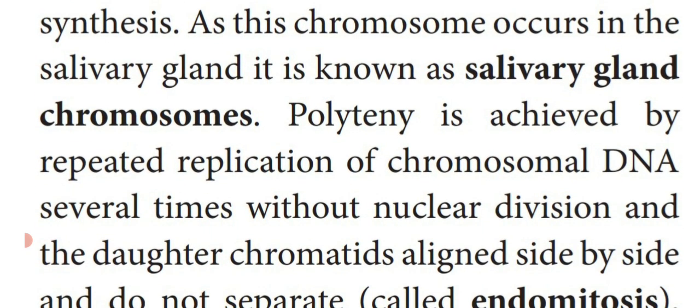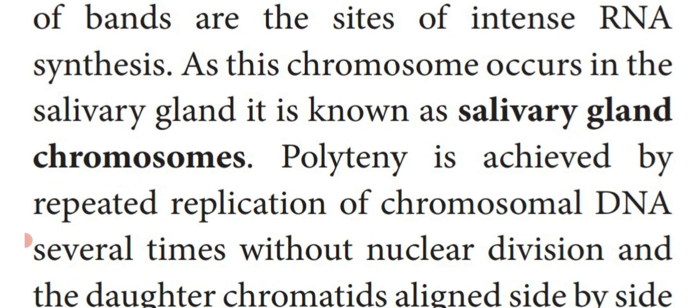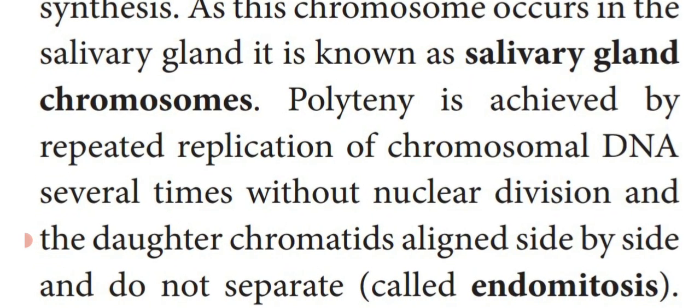The polytene structure of a chromosome is achieved by repeated replication of chromosomal DNA, present in the dark bands 95% and interbands 5%, and also the puffing site is responsible for RNA synthesis.